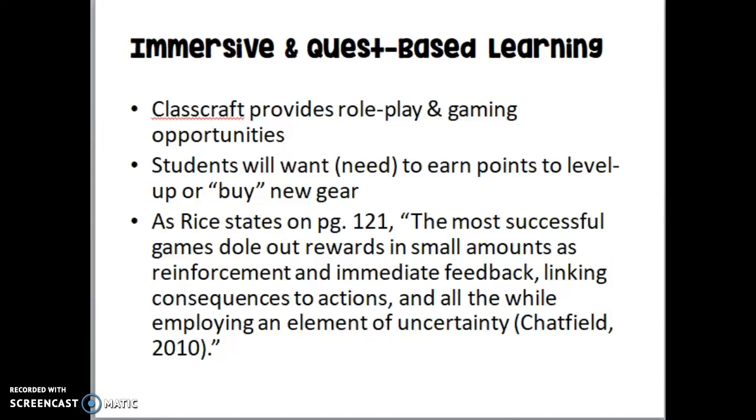On page 121 in the text, Rice says the most successful games dole out rewards in small amounts as reinforcement and immediate feedback, linking consequences to actions, and all the while employing an element of uncertainty. And this game does a really great job of doing that.